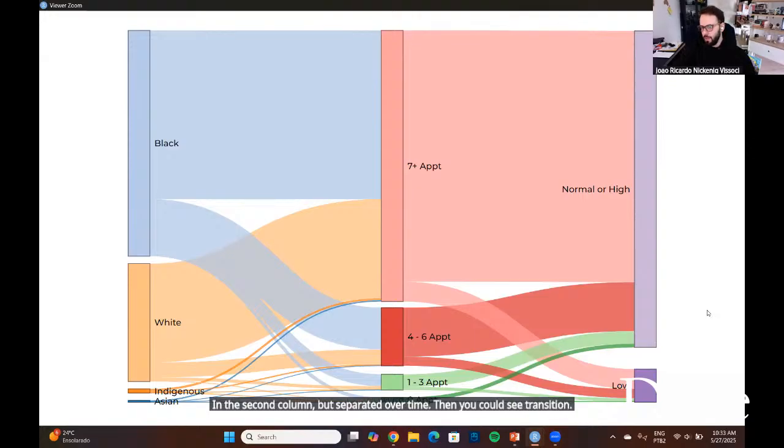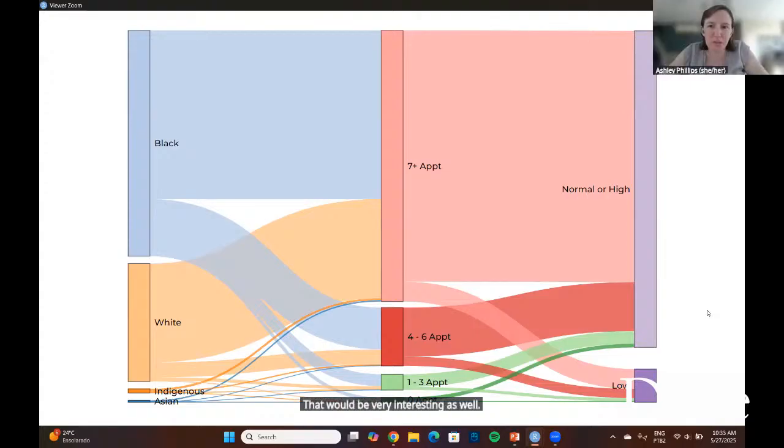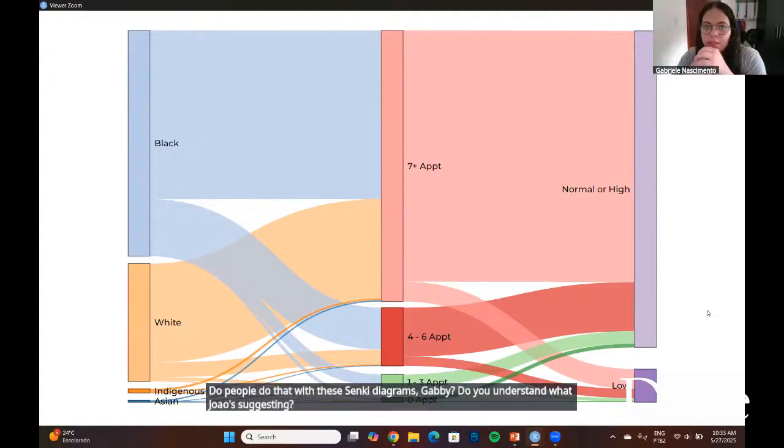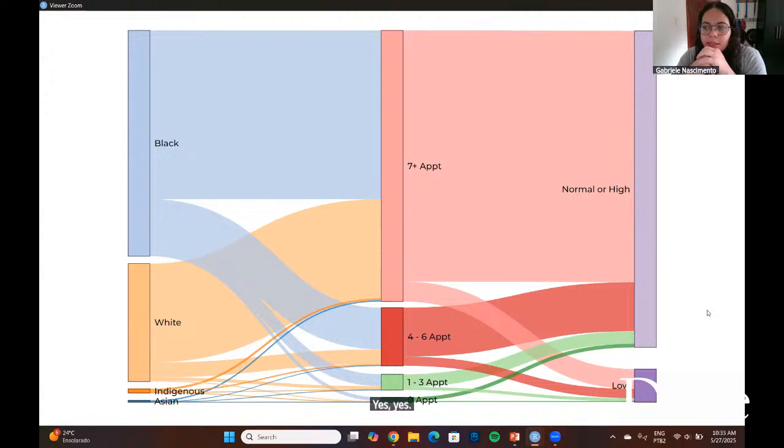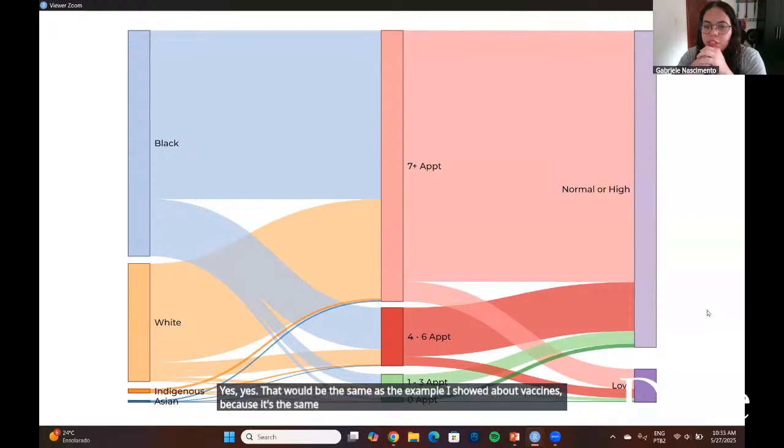That would be very interesting as well. Do people do that with these Sankey diagrams, Gabby? You understand what Joel's suggesting? Yes, yes. That would be the same as the example I showed about vaccines because it's the same population. It just changed the time stamp.